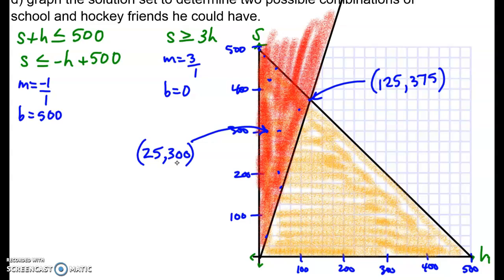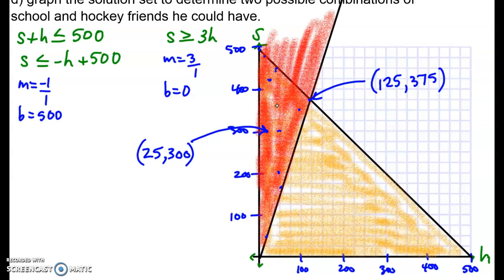And let's see, together it's 325, so that is a solution for the first inequality, and school friends are at least 3 times the hockey friends. That's true as well. So the second sentence would be, Matthew could have 25 hockey friends and 300 school friends.